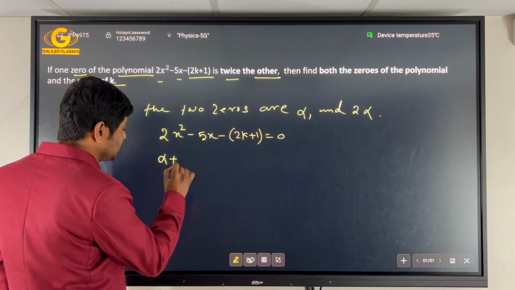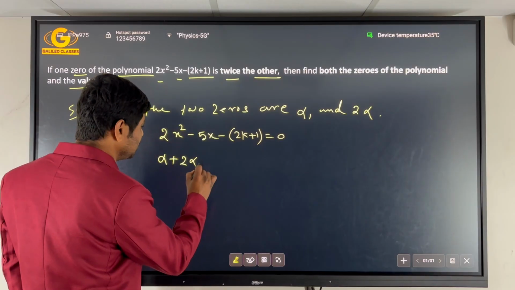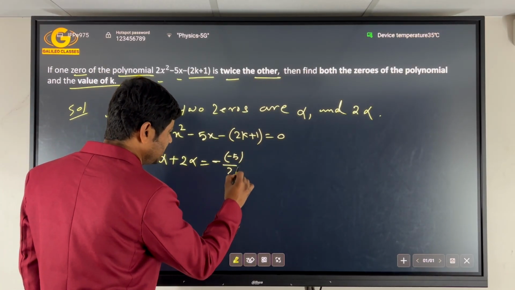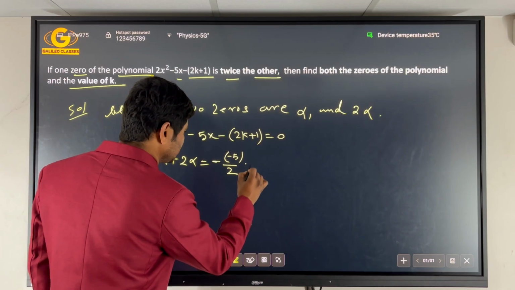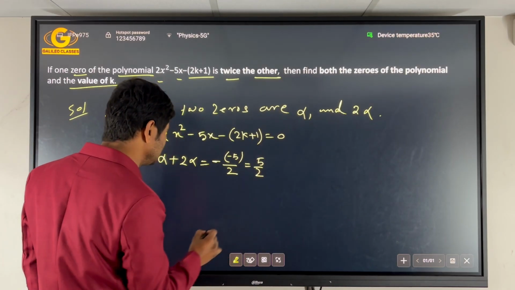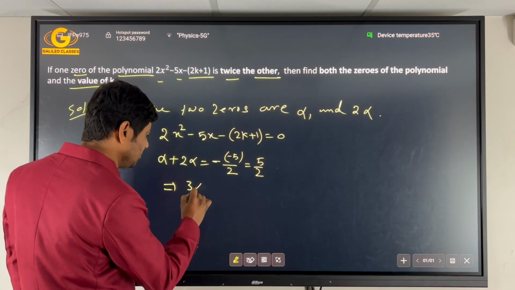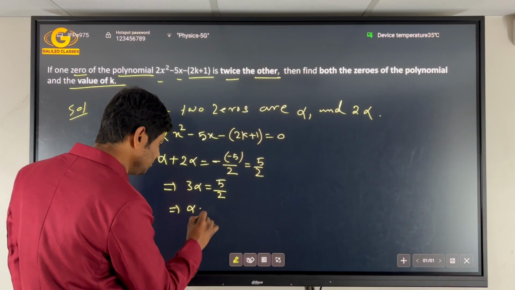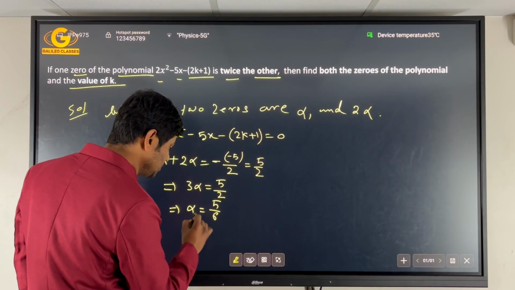Now alpha plus 2 alpha, sum of the zeros, is equal to minus coefficient of x by coefficient of x square, that is 5 by 2. Now 3 alpha is equal to 5 by 2 and alpha is equal to 5 by 6.